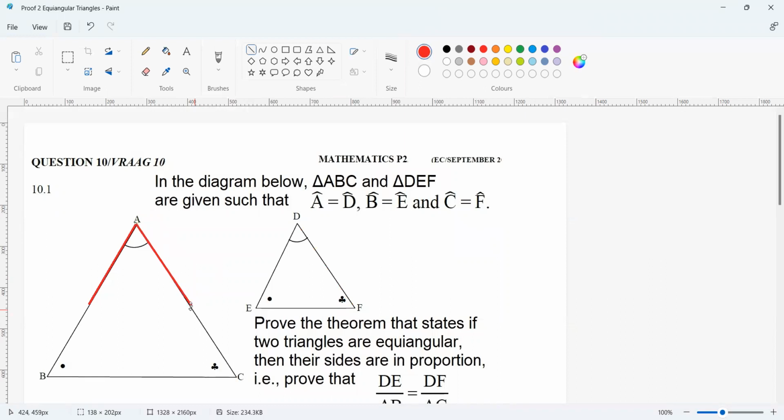In real life, you would use a compass, but we're just going to state what we're doing. Now we're going to add points. I'm just going to call them point R and point S. So we're going to prove triangle ARS is congruent to triangle DEF, which will give us equal angles.